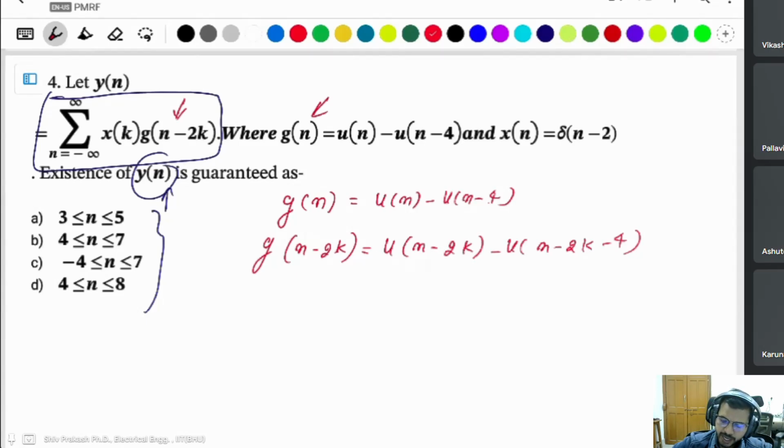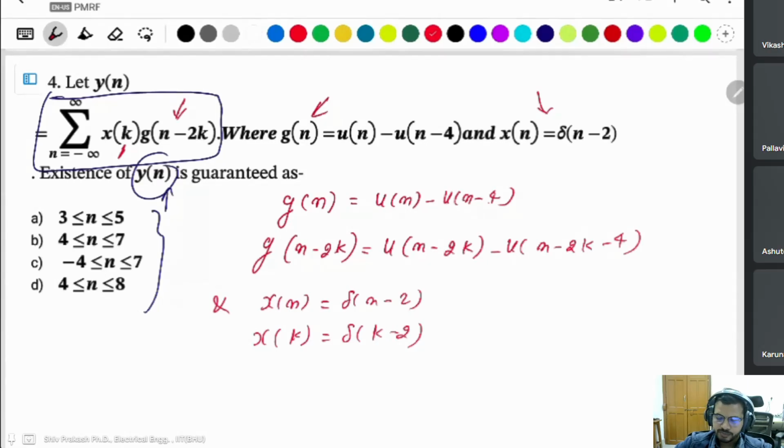Second thing is given x[n]. x[n] is given delta[n minus 2]. Same thing, if you replace n by k, some value, then what is this one? This will be delta[k minus 2]. Simply replace n by k.